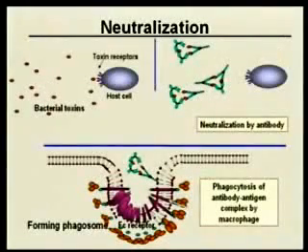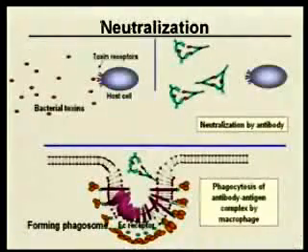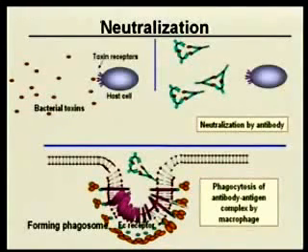Shown here is a cartoon of some of these different processes. If you look at the neutralization process, you'll have the toxin, shown here in red, and typically these toxins will bind to receptors on a host cell and then lead to some adverse effect, either killing of the cell or in some way enabling the cell.